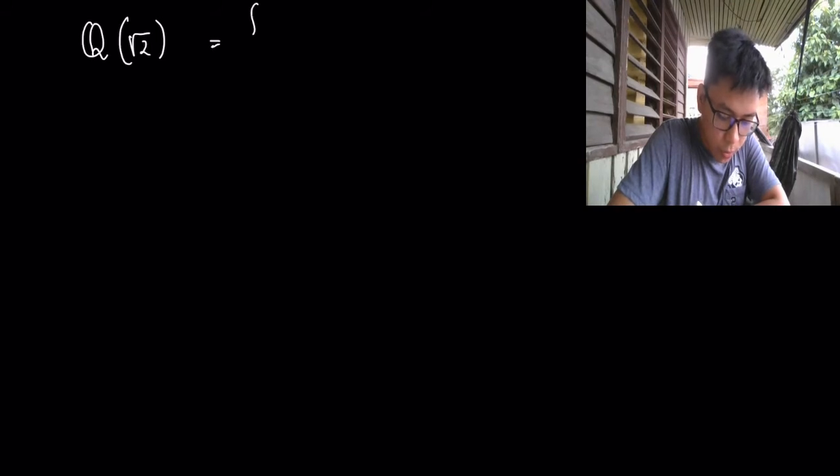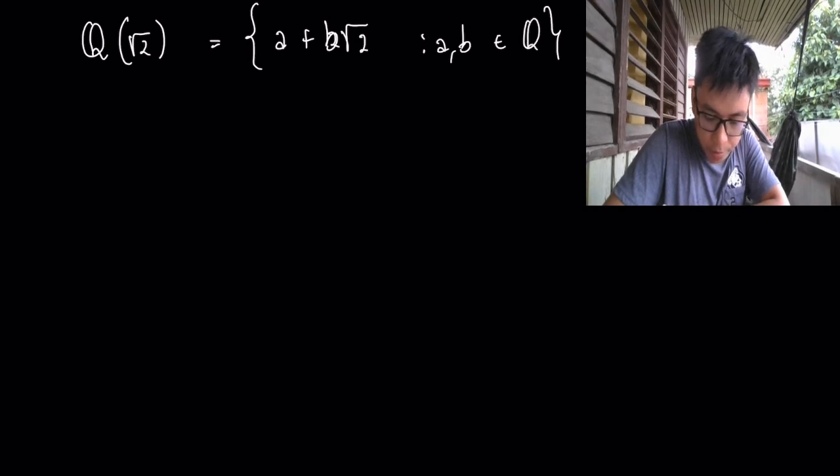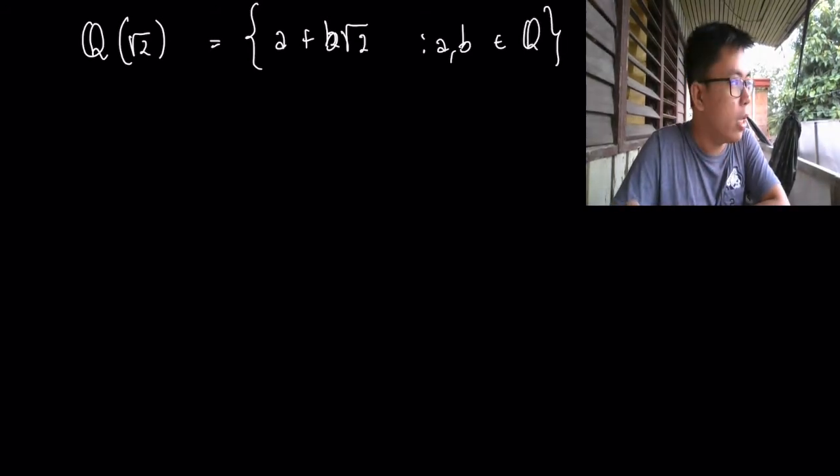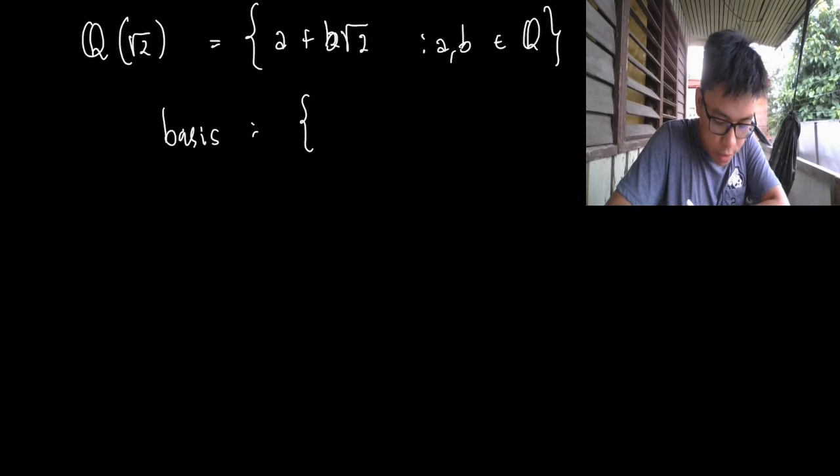Okay, that's it. Now for Q of square root of 2, this means that the elements here are a plus b square root of 2, where a and b are coming from Q. Again, just to make sure, the reason is that the basis of this field is 1 and square root of 2.